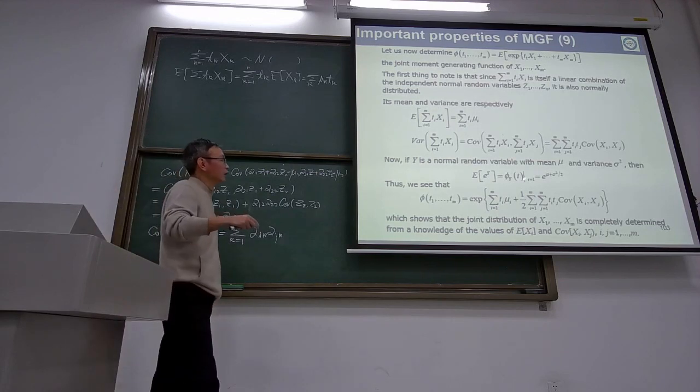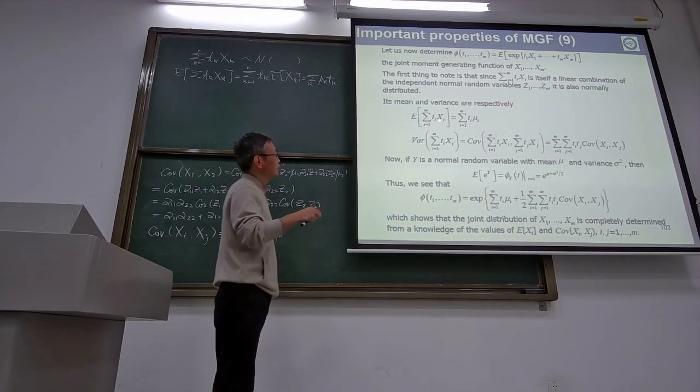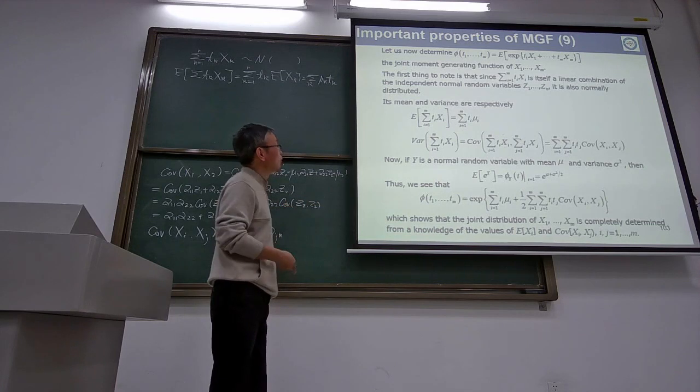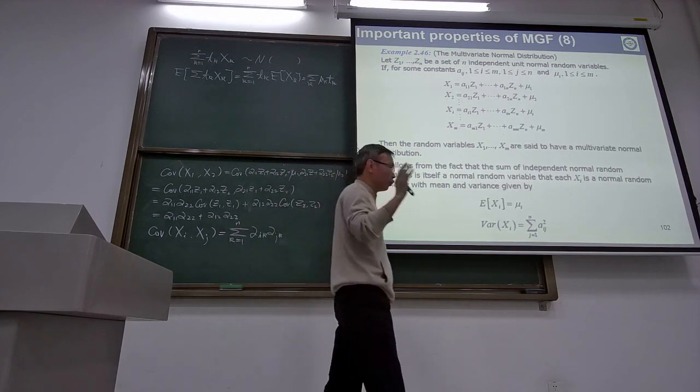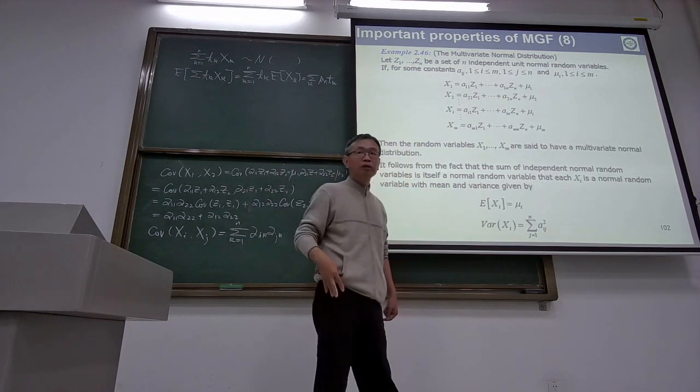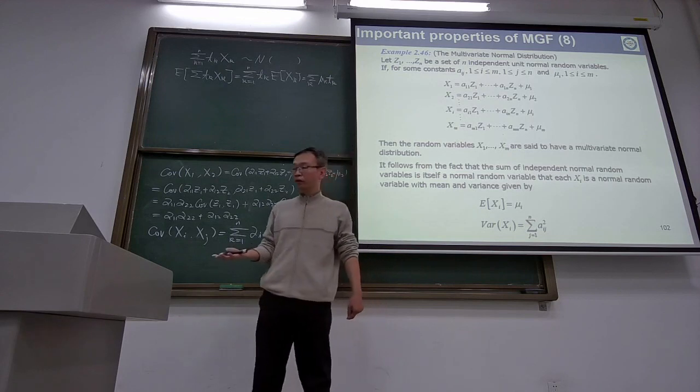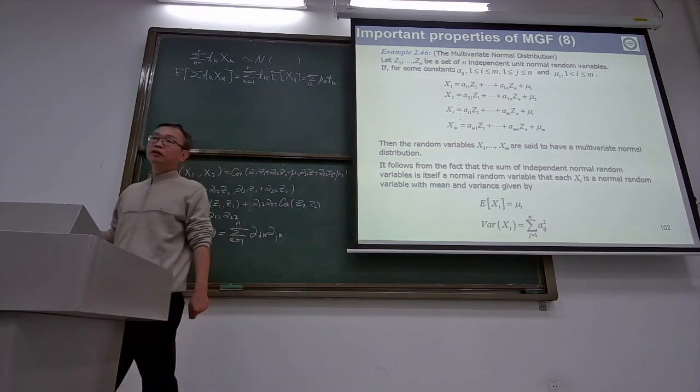That is the reason why x1 to xm are known as a multivariate normal distribution.